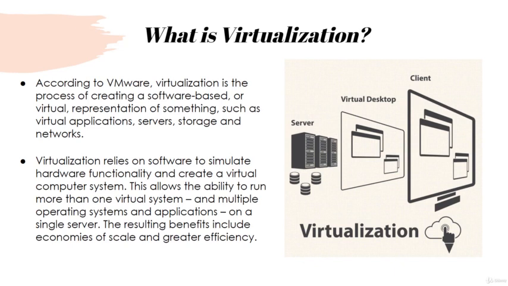Just like I mentioned, those 3.5 gigs of space are all broken down to simulate hardware functionality, and so you have 3 different operating systems on that one server. This allows the ability to run more than one virtual system, multiple operating systems and applications on a single server.